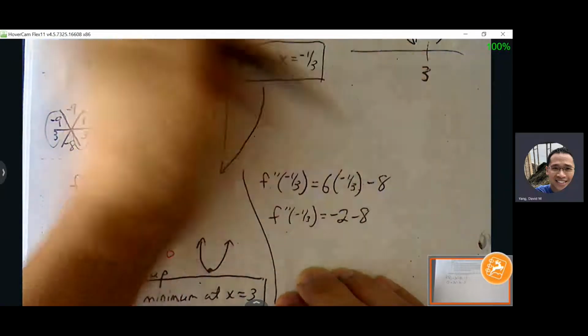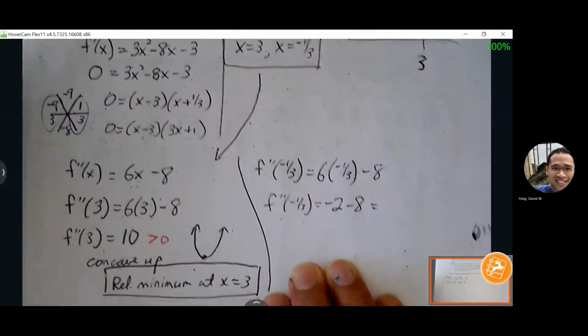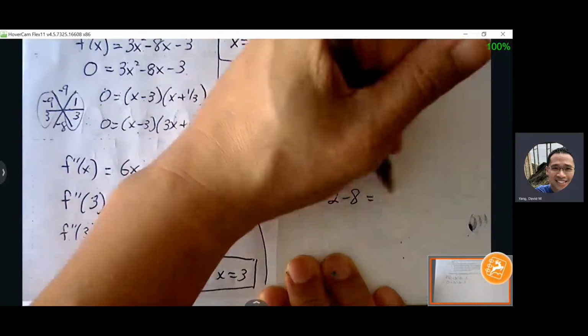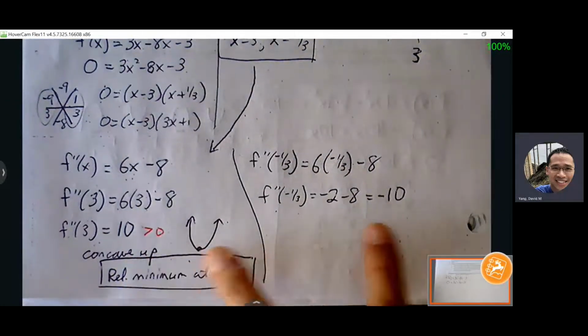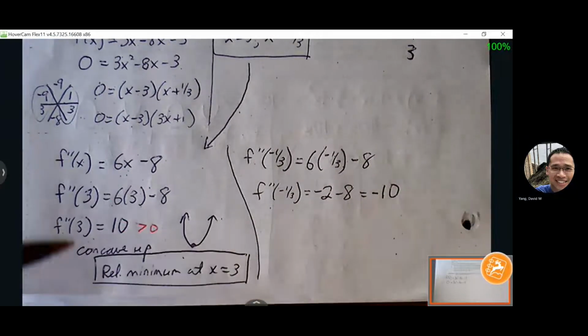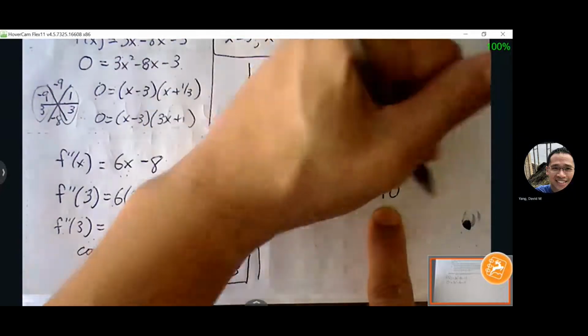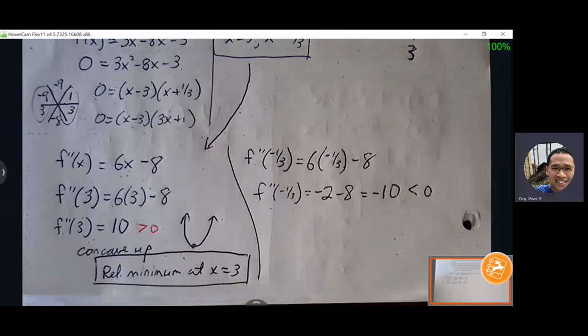Negative 2 minus 8, what's that equal to? Negative 10. It's just a coincidence that one's positive and the other's negative, but the number is not that important. It's the fact that it's less than 0.